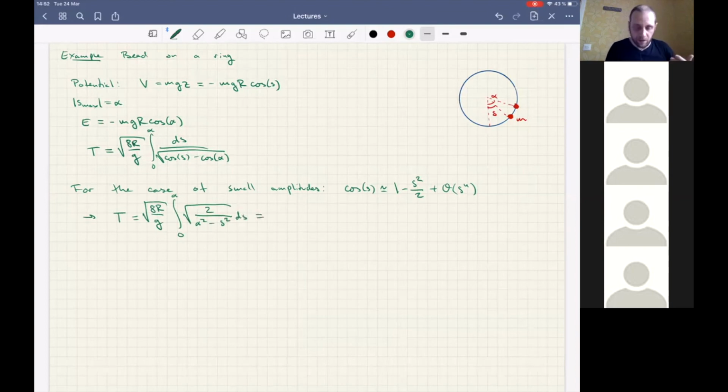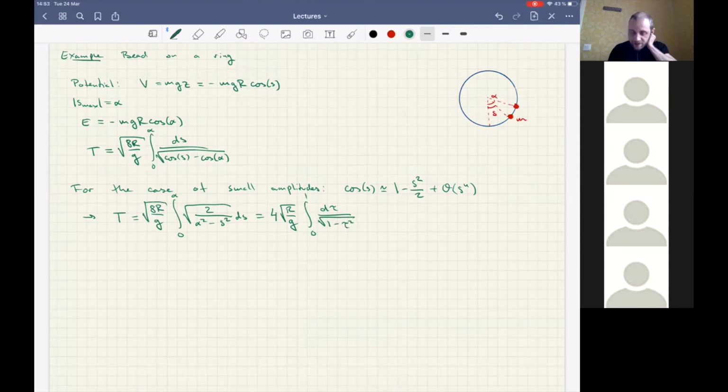Just making a change of variables here, I get 4 square root of r over g, times the integral from 0 to 1, where I call my new variable tau, of 1 over the square root of 1 minus tau squared.